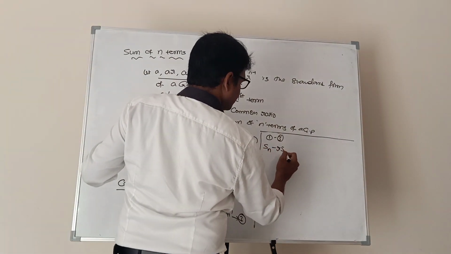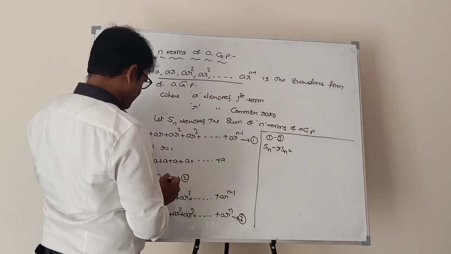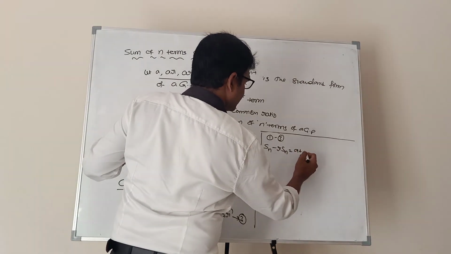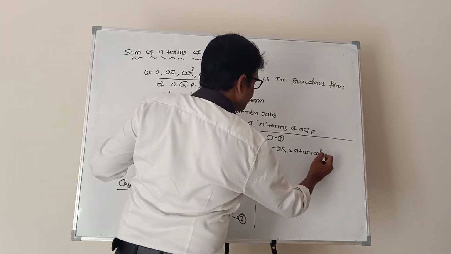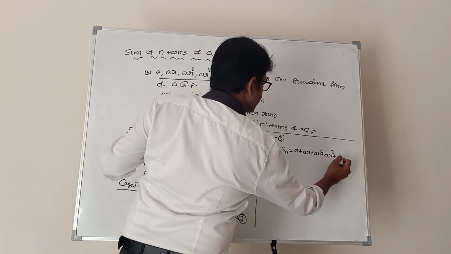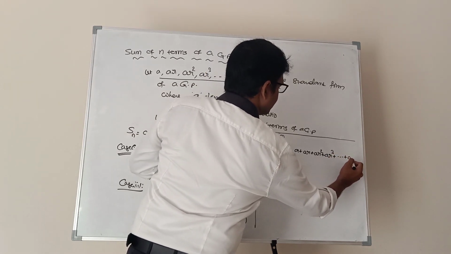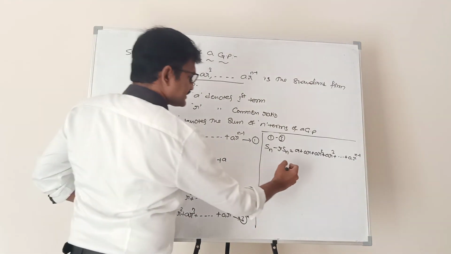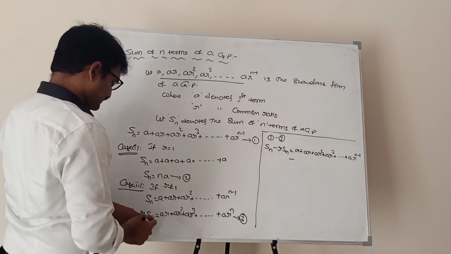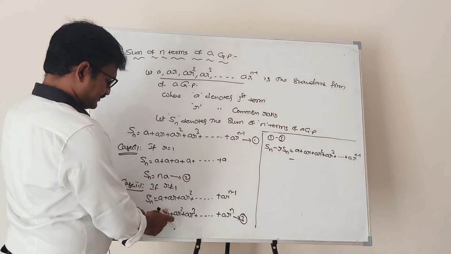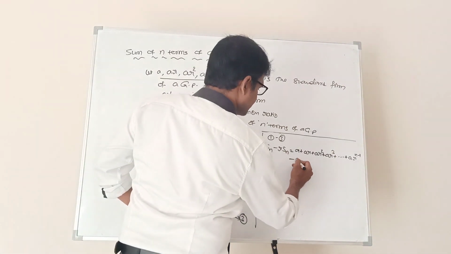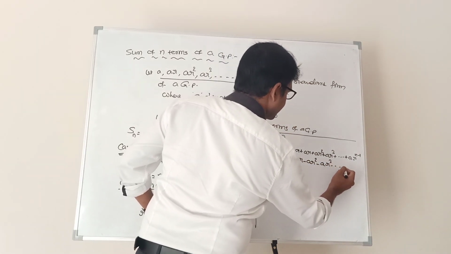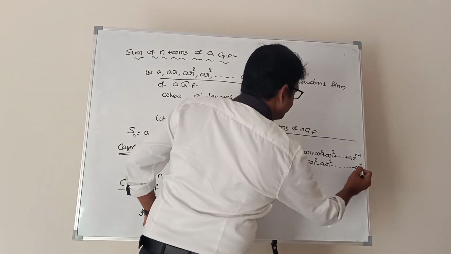Sn minus r into Sn is equal to, on the right hand side, a plus ar squared plus ar cubed plus so on plus a into r power n minus 1, minus, if you multiply every term with minus, you get minus ar squared minus ar cubed minus so on minus a into r power n.